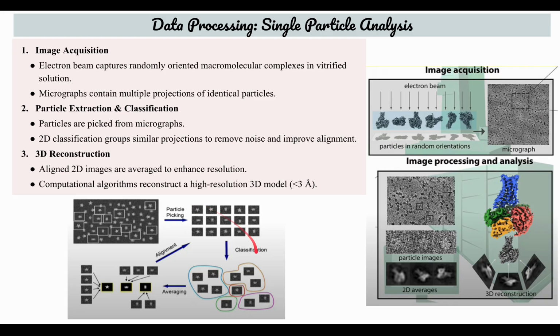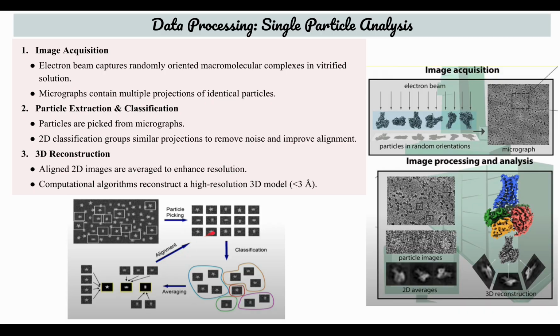Here you can see these are the different classes. Particle picking is done, different orientations are captured, and then classification is done. From these classes, each of them will be averaged to take one representative from each class.